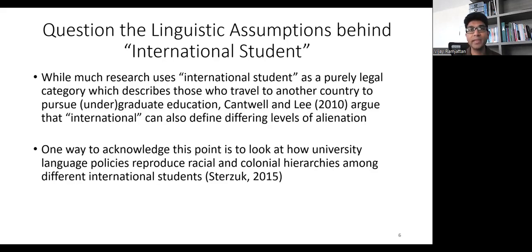So we see coloniality at play here, right? Some international students are made to be more international, or more foreign to universities, and they need to prove their English. Conversely, this coloniality positions certain other international students, like from Australia, the UK, and US, as less foreign, less international, because they have this English that's perceived as so-called pure or true English.